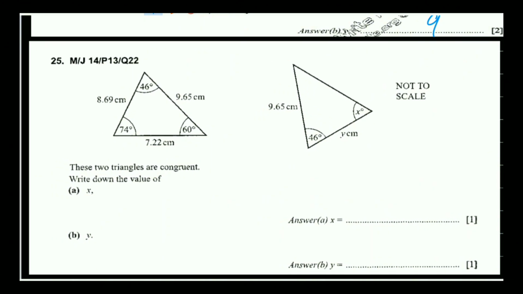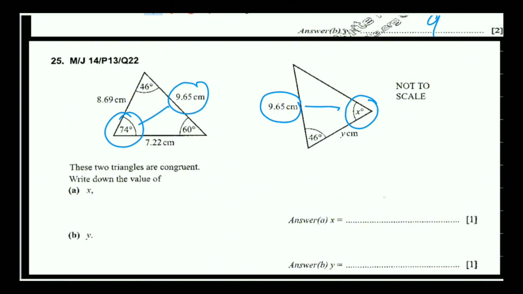Okay, May June 14. The question is: the two triangles are congruent, write down the value of x. So this is also a very easy question. This is x. You have to check which side this angle is opposite to. This is opposite to 9.65. So you have to check the other triangle, the angle that is opposite to 9.65, that is 74.